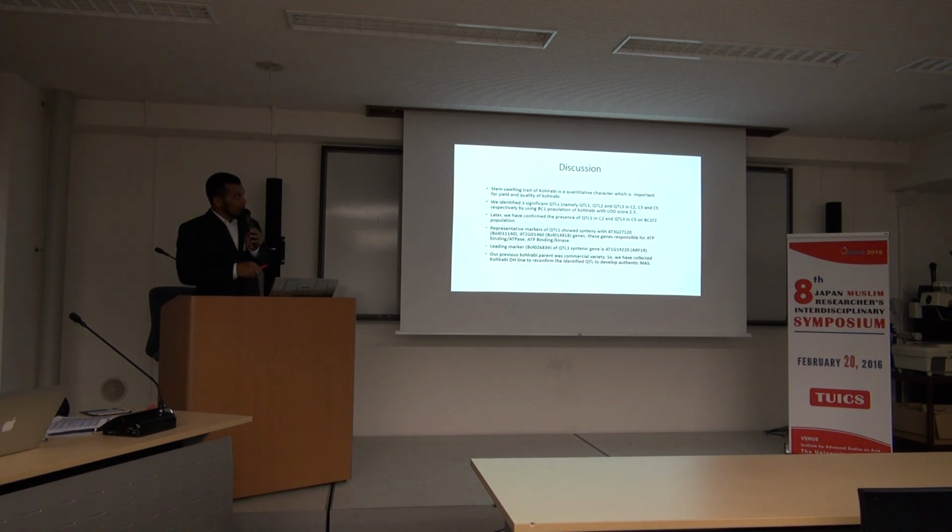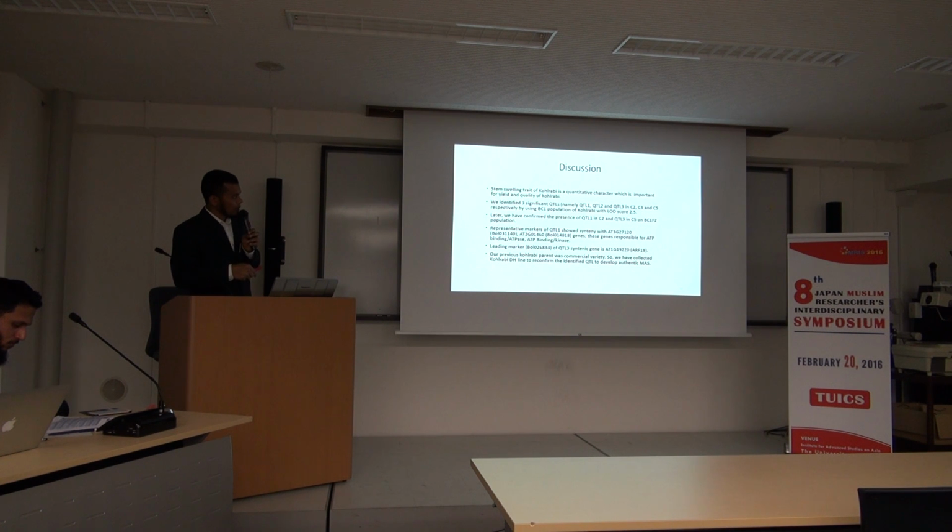So, discussion. Stem swelling of kohlrabi is important for kohlrabi, and not only for kohlrabi, it is also important for Brassica and other stem swelling producing plants. We identified 3 QTLs by using the BC1 population, and then we confirmed the QTL in the BC1 F2 population.